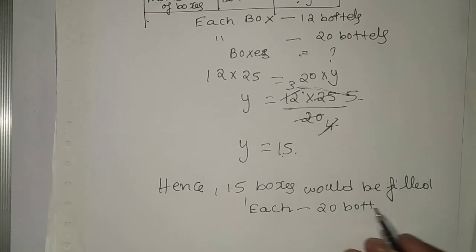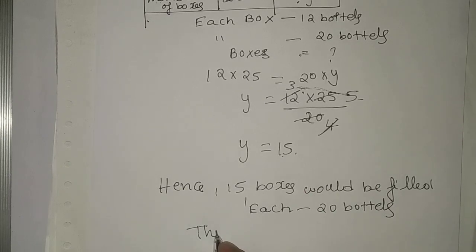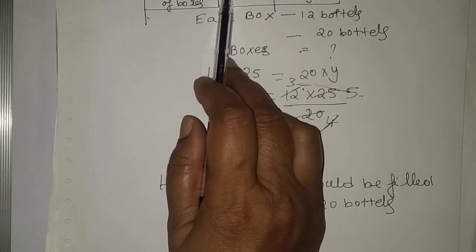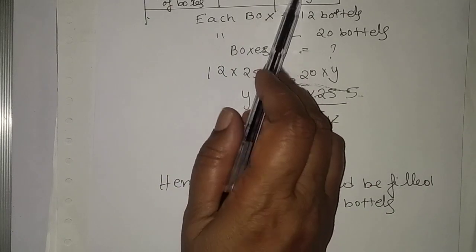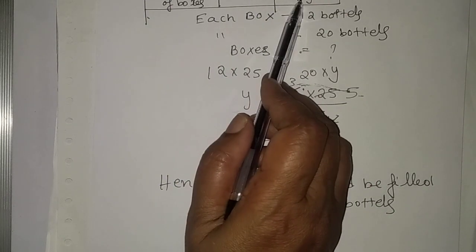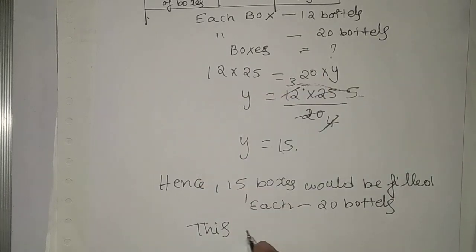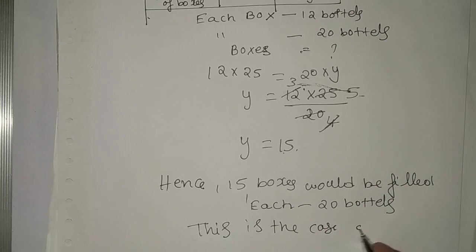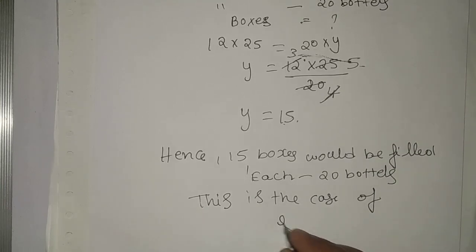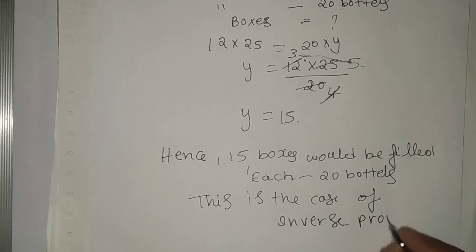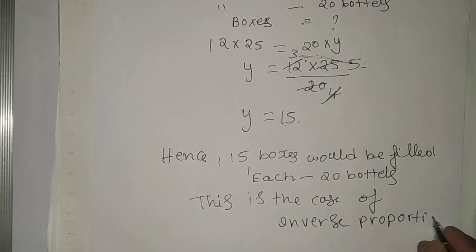So this is the answer. Next, this is the case of inverse proportion. Why? As the number of bottles increases, the number of boxes decreases. This is the case of inverse proportion.